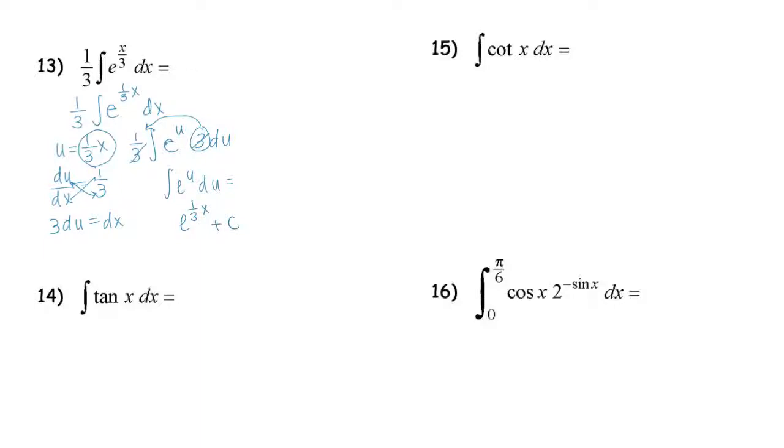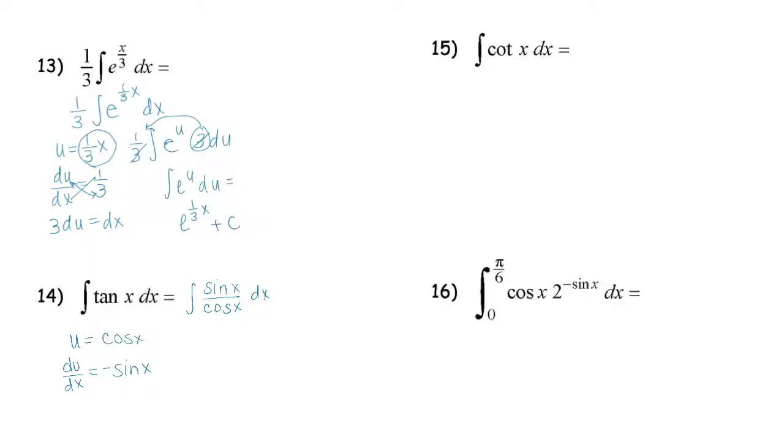Right, for tangent, we do need to rewrite this because it does change how we're going to look at it. Tangent is going to be your sine x over cosine x. And we're going to do a u sub here. I'm going to let u be cosine x. So du dx is going to be negative sine x.